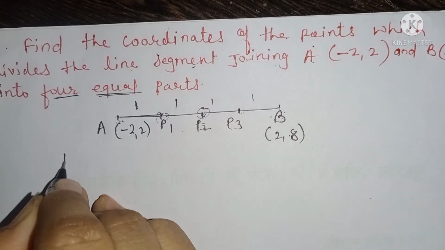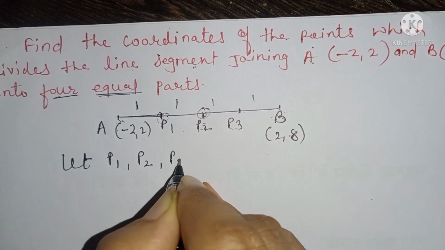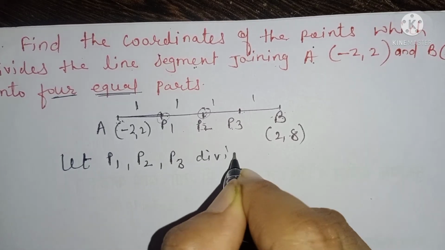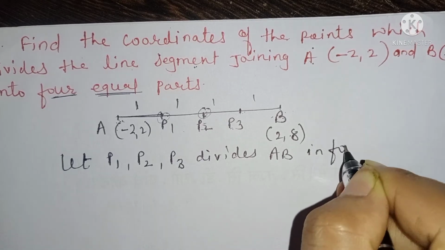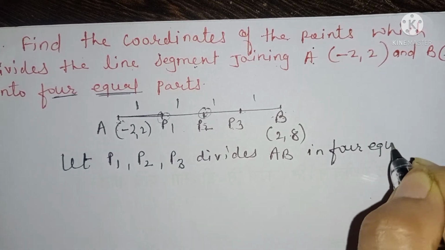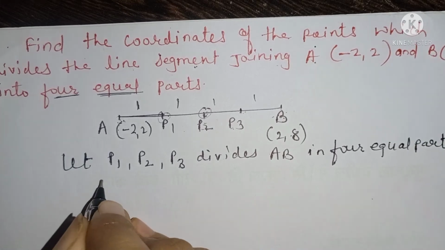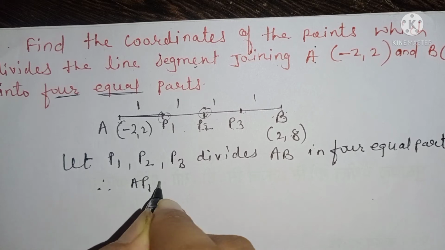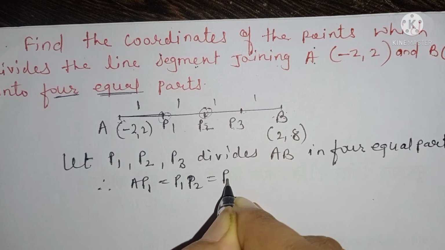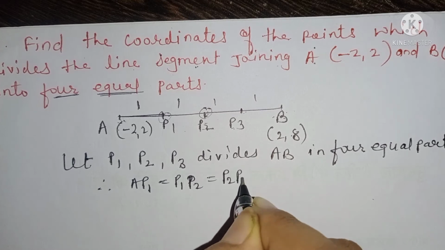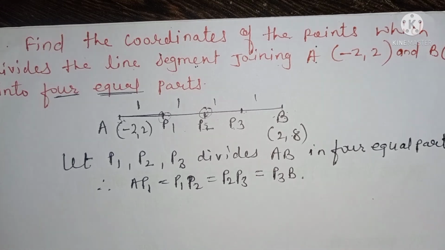Let P1, P2, P3 divide AB in 4 equal parts. So therefore AP1 equals P1P2 equals P2P3 equals P3B, isn't it?